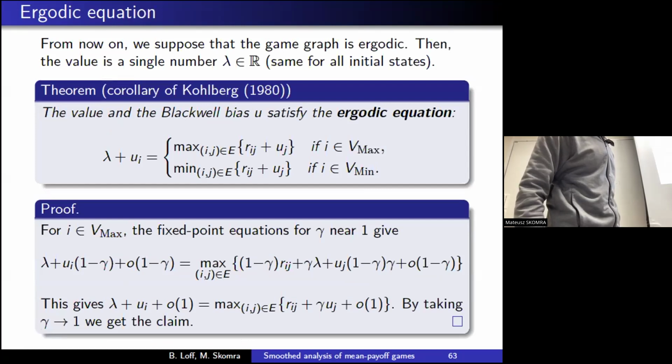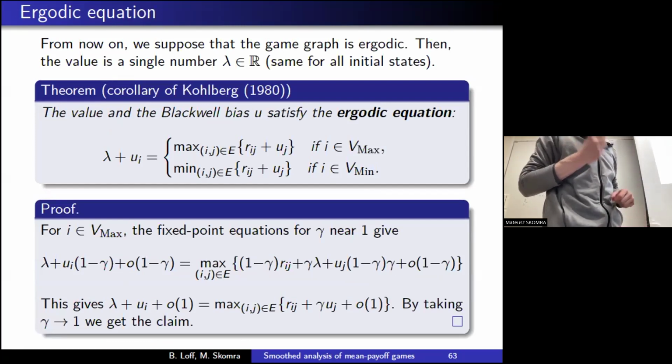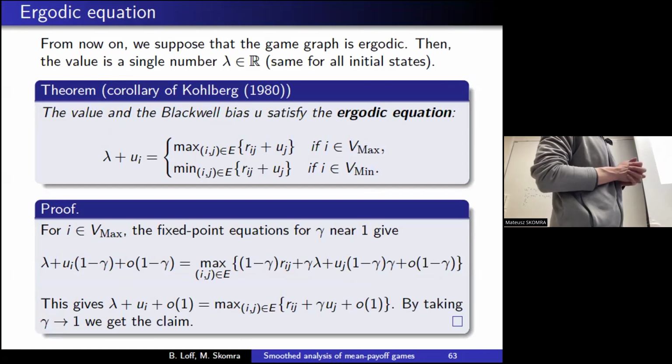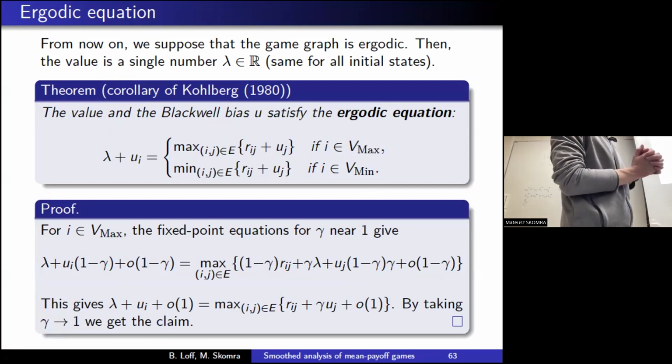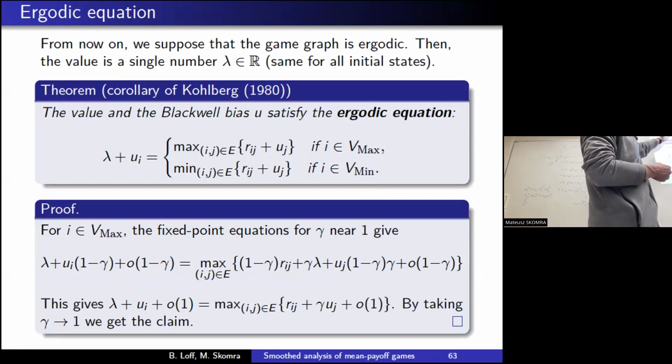We will use this kind of graph, and on these ergodic graphs, one can prove a very nice property: the Blackwell bias satisfies an equation called the ergodic equation.